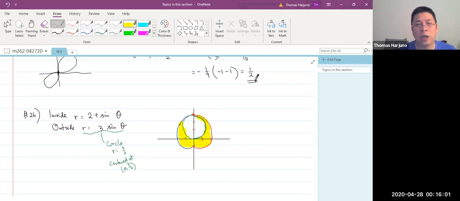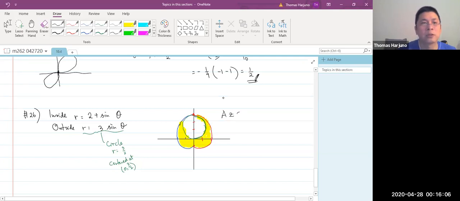Okay, so the area will be 2 times 1/2 of the area of the cardioid. That's the integral from negative pi over 2 to pi over 2 of 2 plus sine theta squared d theta, minus the area of the half circle. But that's actually pi times 3 over 2 squared.